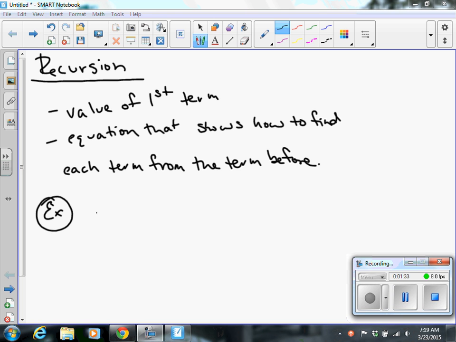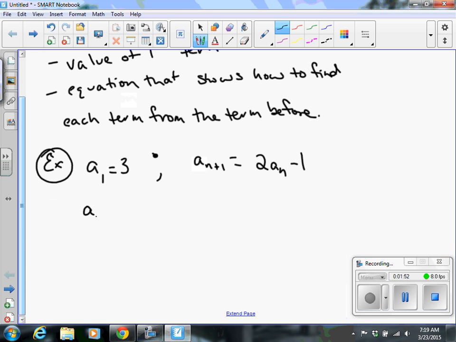if they tell me that a1 equals 3, and then they also tell me that my formula a(n+1) equals 2a(n) minus 1. Okay, so I want to find the next several terms. So I want to find a2, a3. Okay, so what is this n plus 1 thing?